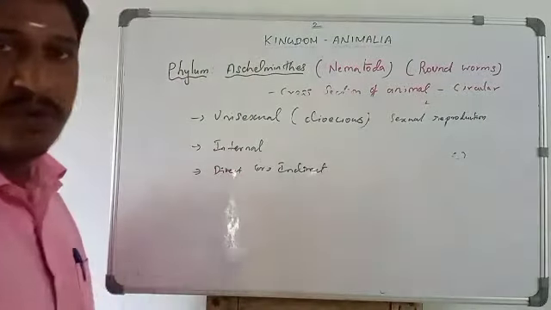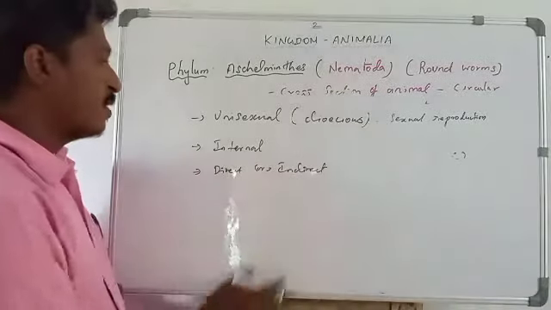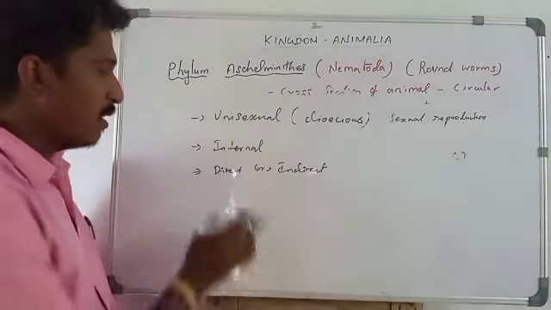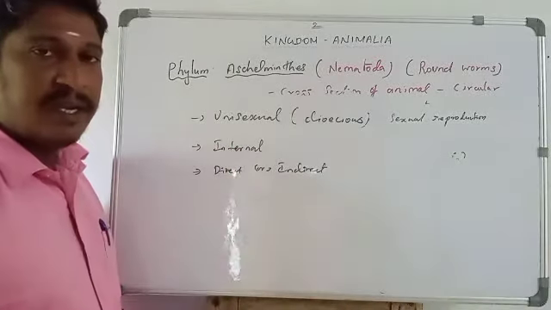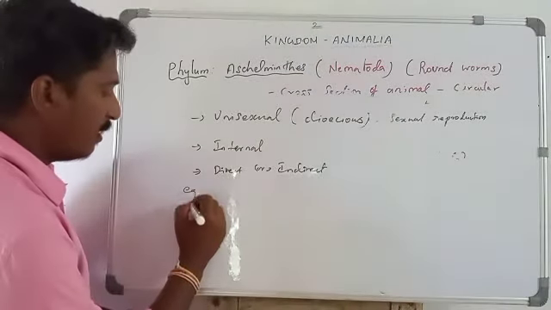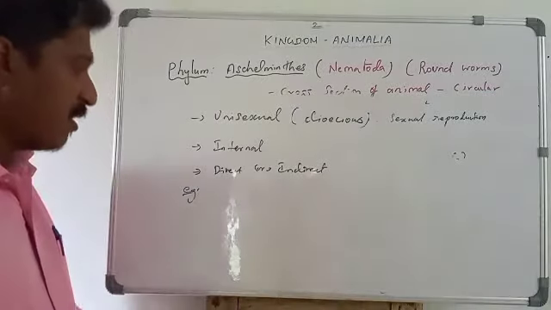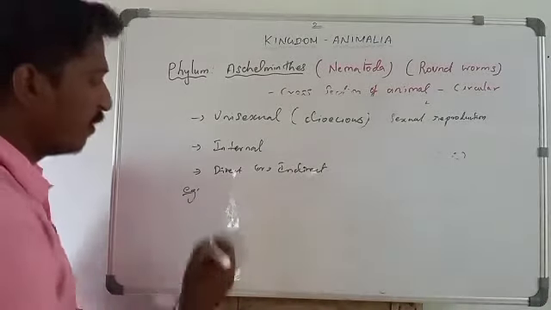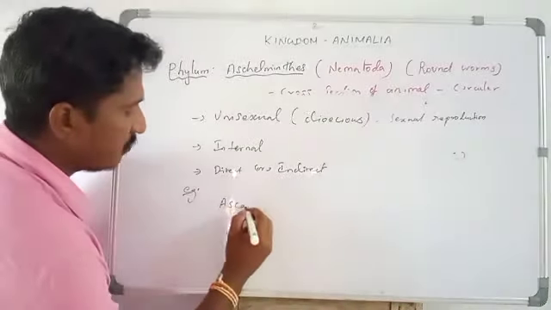They show sexual reproduction, internal fertilization, and both direct and indirect development are present in these animals. Now the examples of these organisms: Ascaris.